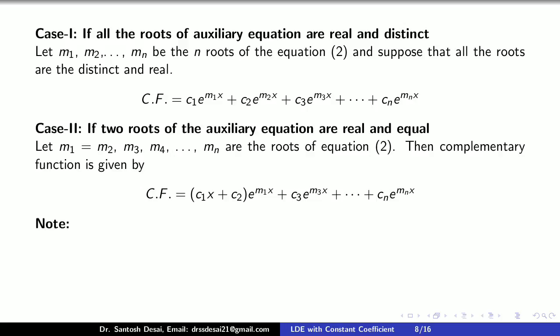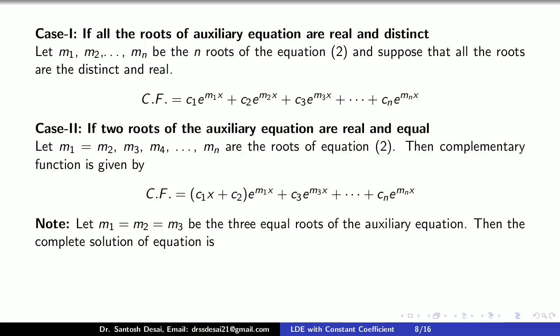Now suppose three roots are repeated. So let us take this as a note. Let m1 is equal to m2 is equal to m3 be the three equal roots of the auxiliary equation, and suppose that the remaining roots are real and distinct, then the complete solution of the equation is: now in the previous case, two roots are repeated, so we have taken the term c1x plus c2.